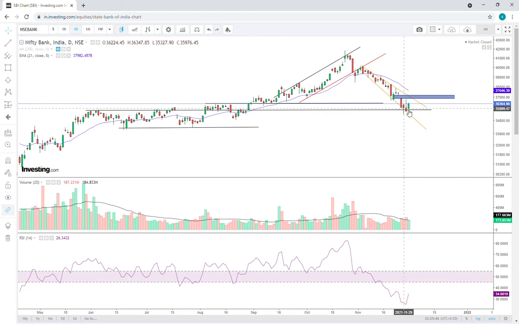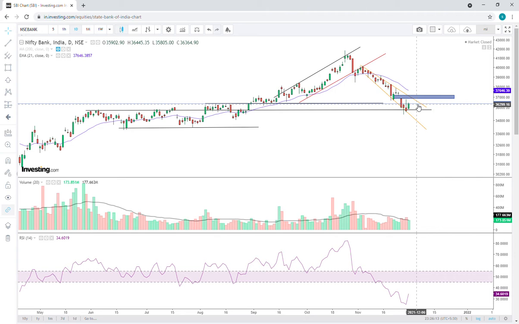You can't say that after a single day rally all the corrections are over. It is still in the middle of the channel. It can show 500 to 600 points of upside, but after that we have to be cautious and look at whether this channel is going to be broken or it goes back within the channel.